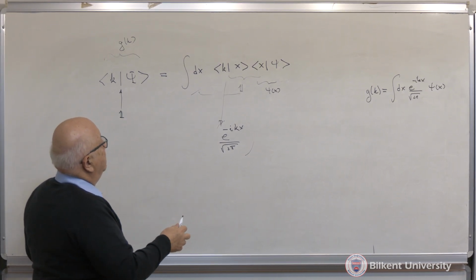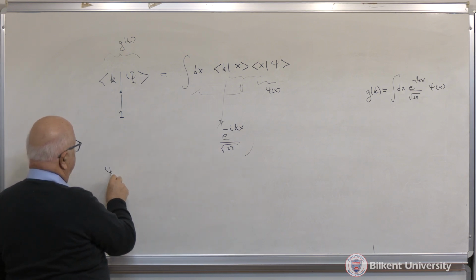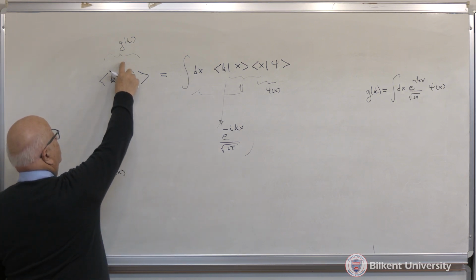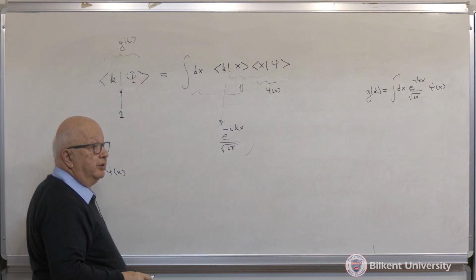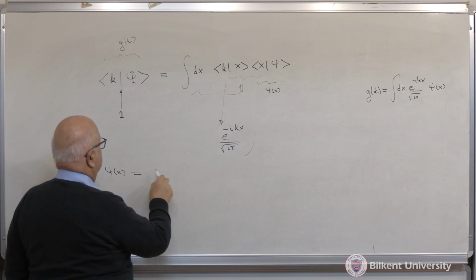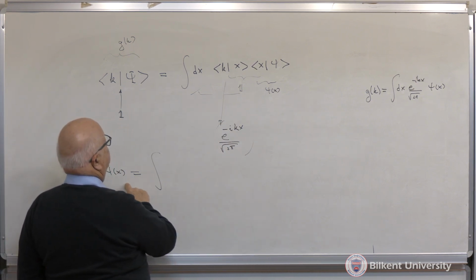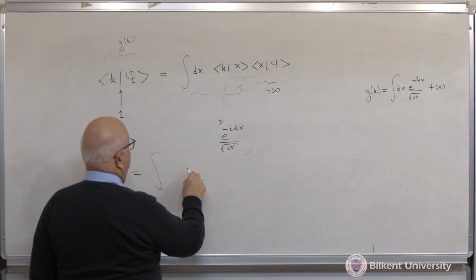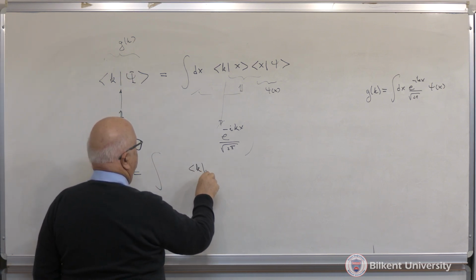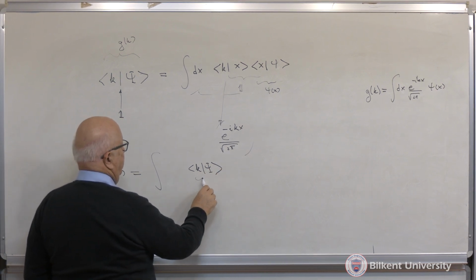Let's check. If, for example, I want to find psi of x from this quantity, how can I do that? In place of g of k, I have this k psi.